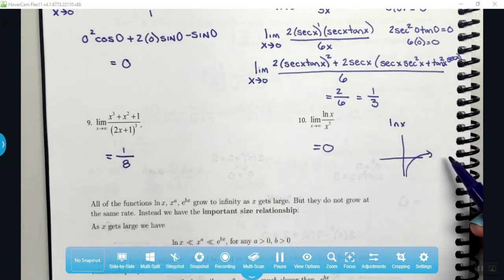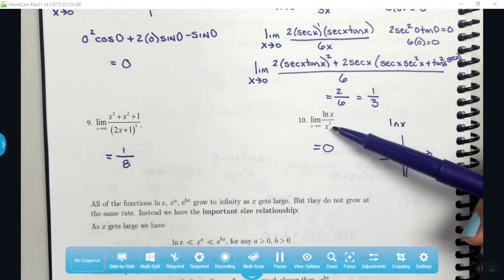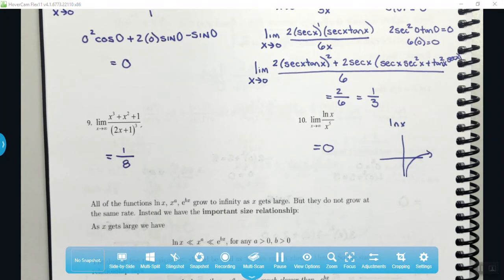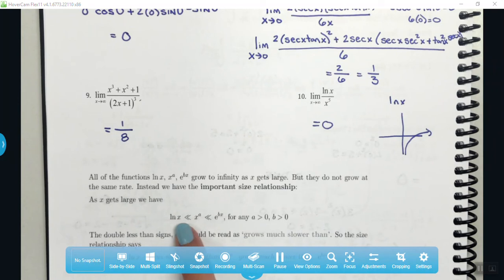So it can't go to infinity that fast. So the bottom's bigger, and when the bottom's bigger, it goes to 0, right? And then I threw in a little bit of knowing which one's bigger and smaller. Natural log x is the smallest, x to a degree is bigger, and then an exponential is the biggest.